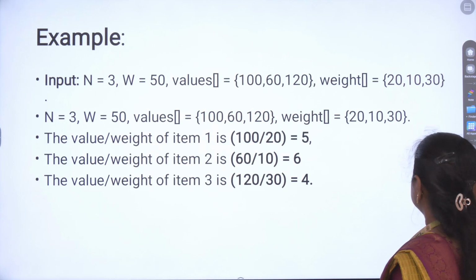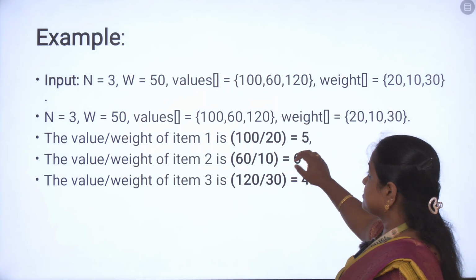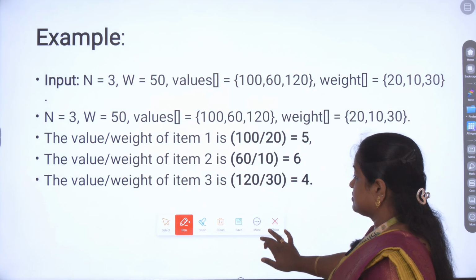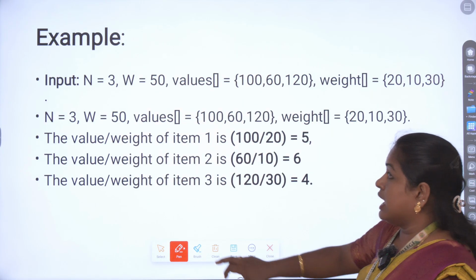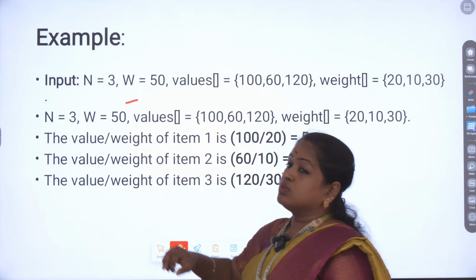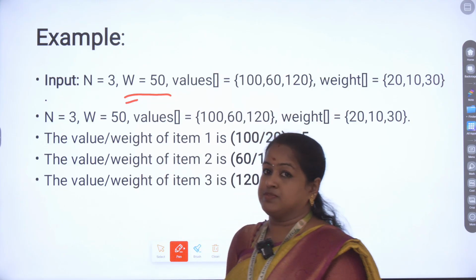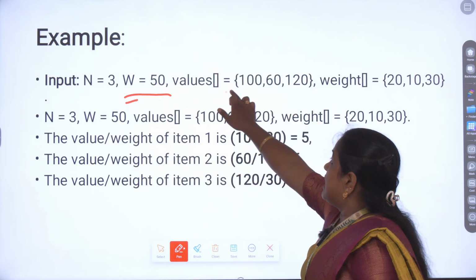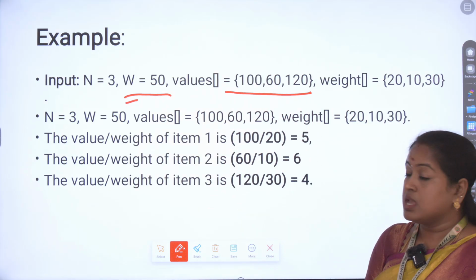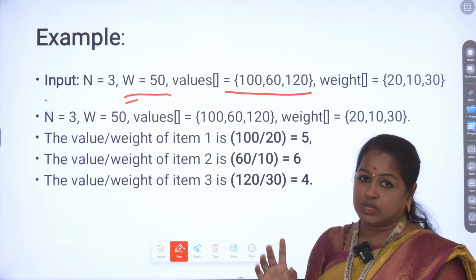So here is an example. We have n equal to 3, so the total number of items is 3 and the total weight is 50. Now we have the values given. There are three values, 100, 60 and 120.